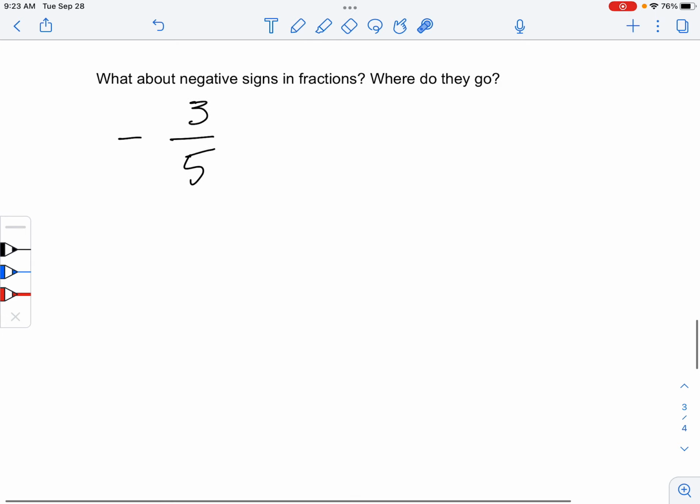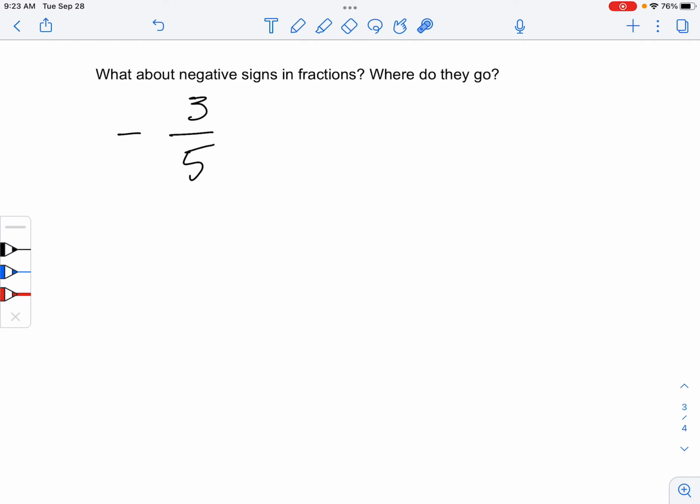And finally, I want to think a little bit about negative signs and fractions. This is something that often confuses students. If I have a negative sign written out front, just like it is here, students tend to think that this means that both of these numbers are negative, -3 divided by -5. But if I do that, we already said that fractions are division. So if I take -3 divided by -5, that's going to be a positive number.